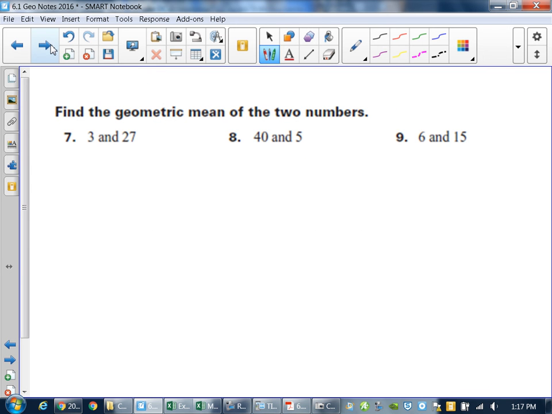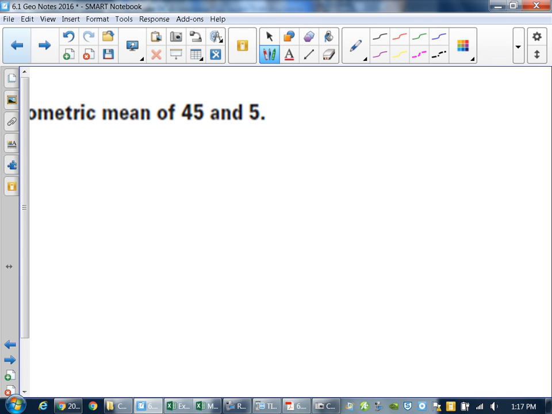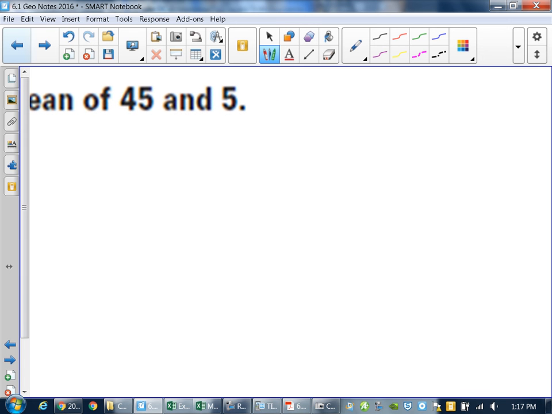Let's see which one. About 45 and 5. I do 45 and 5, same deal. You start with 45 over x, x over 5. Multiply that out, you get x squared is 225, I think?